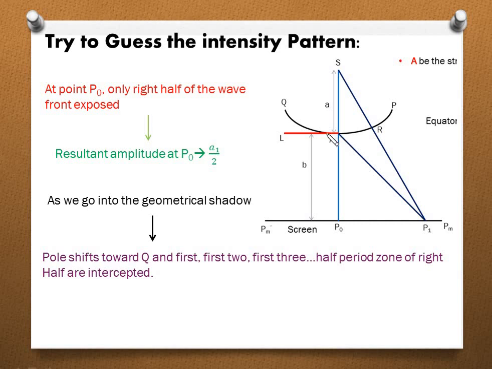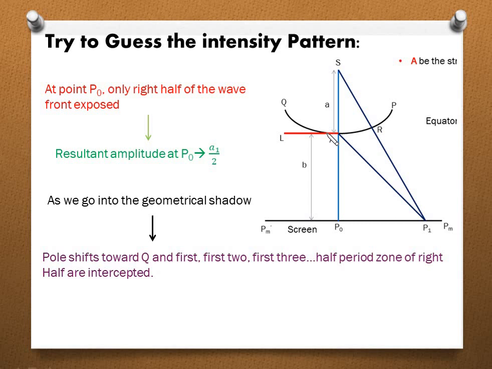Once the pole is shifted this way, the left side is already intercepted, but towards the right side, as the pole shifts towards the obstacle, in the right half of the wavefront the first half period zone will be intercepted by this obstacle.